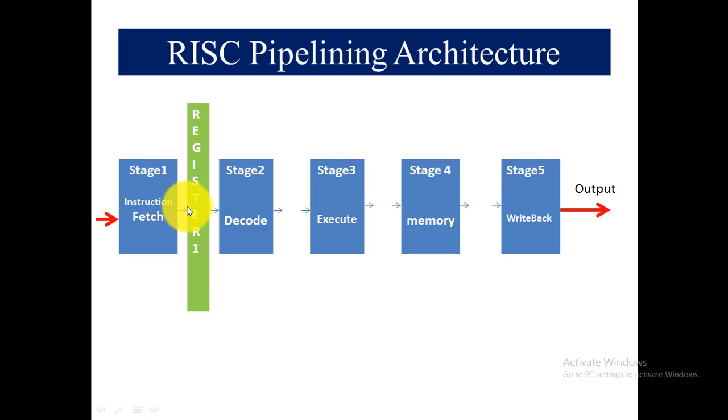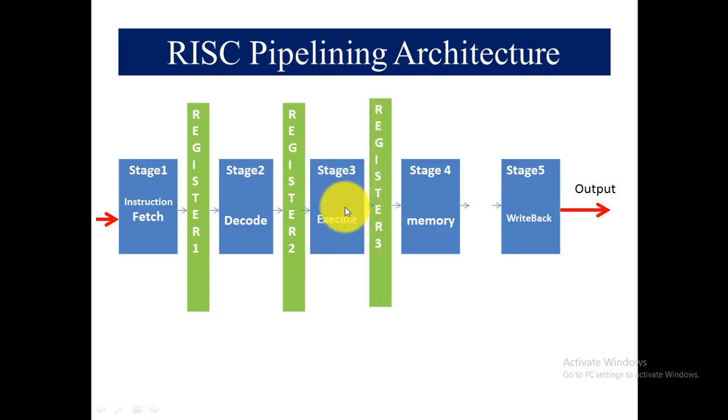So there are multiple registers between each stage. Between stage 1 and stage 2, there is register 1 that saves the output of stage 1 and gives the input for stage 2. In the same way, there is another register, register 2, between stage 2 and stage 3, which saves the output of the decoding phase and gives the input to the execution phase.